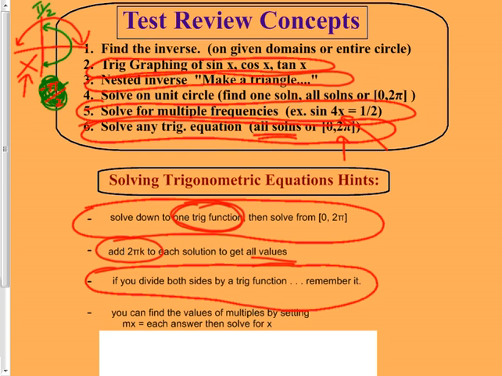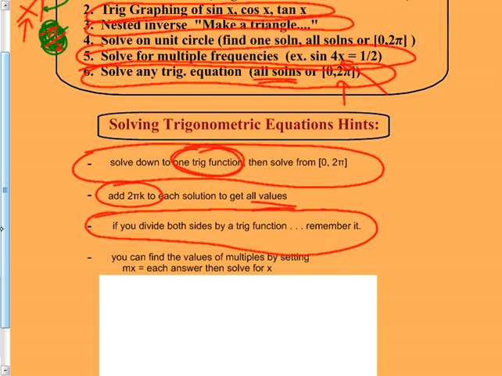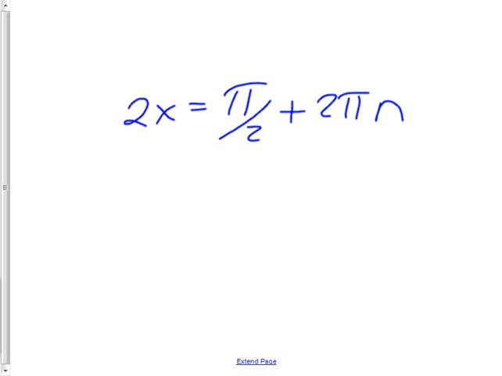On this slide, I hadn't gotten to this last piece of hints. And that says you can find the values for multiples by setting mx equal to each answer and then solving for x. Do you remember we started with that yesterday? Let's say we had this.